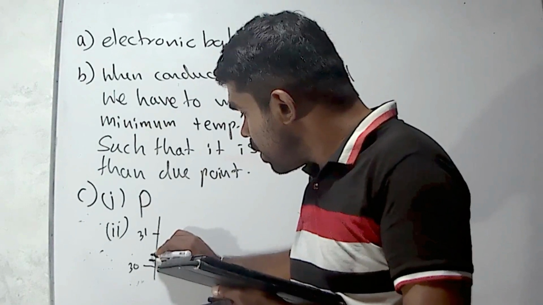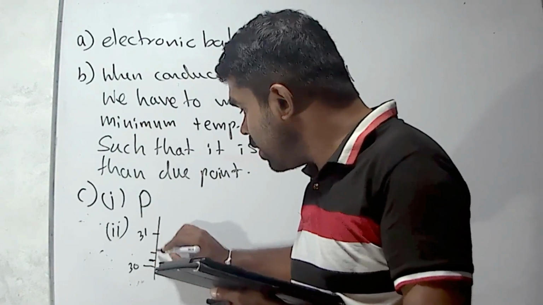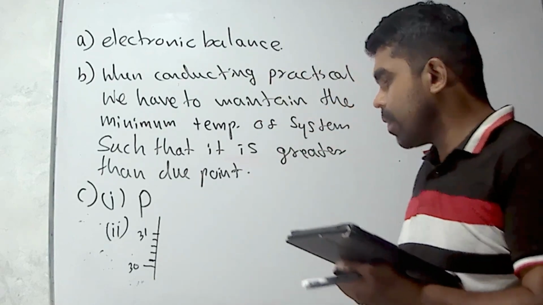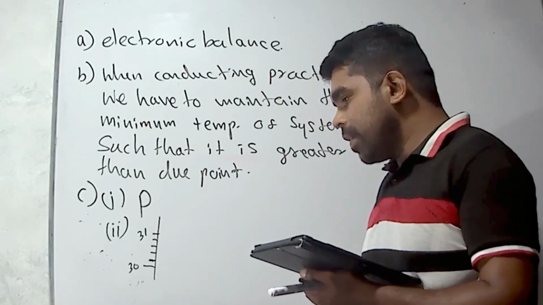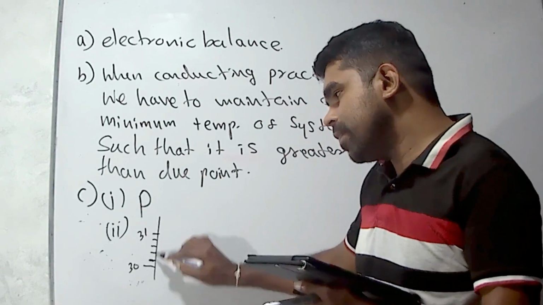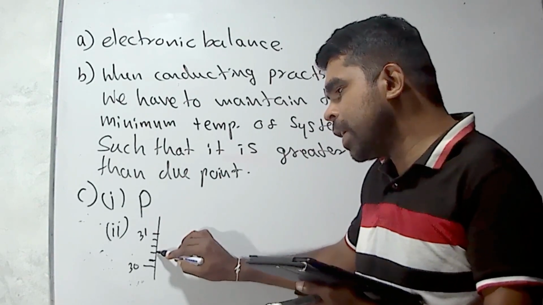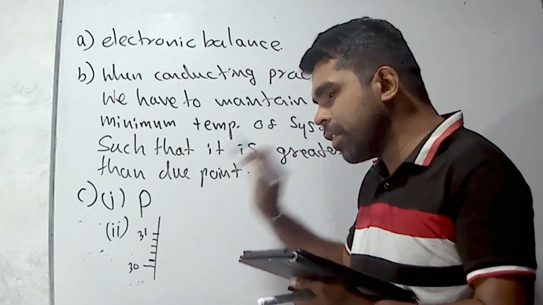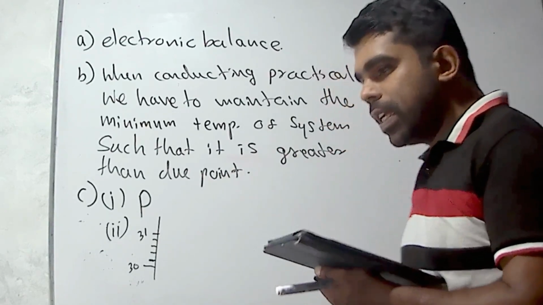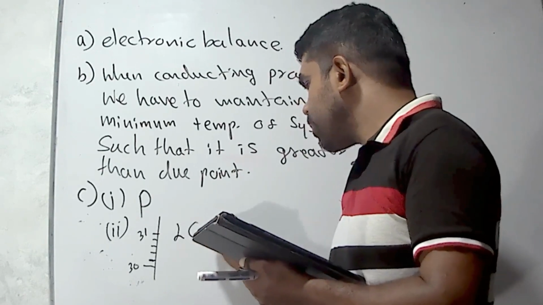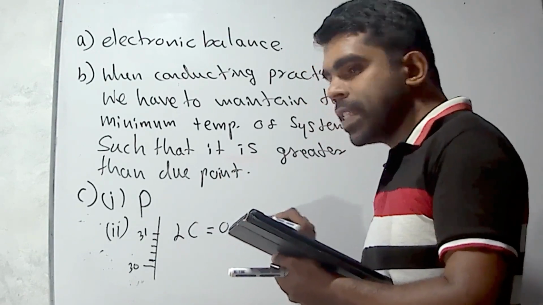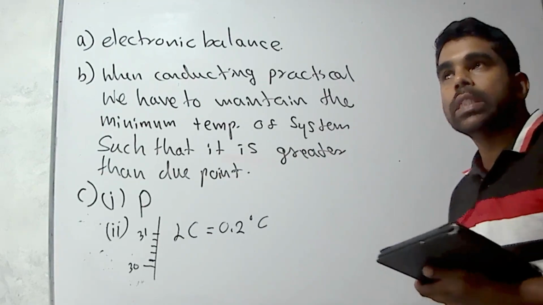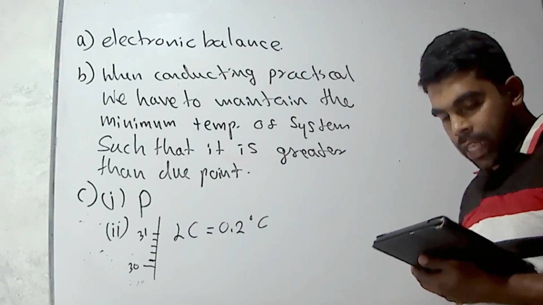It means this value is 30, this value 30.2, 30.4, 30.6, 30.8, 31. Therefore, least count is 0.2 degrees Celsius. When selecting a suitable thermometer, we have to consider the sensitivity.